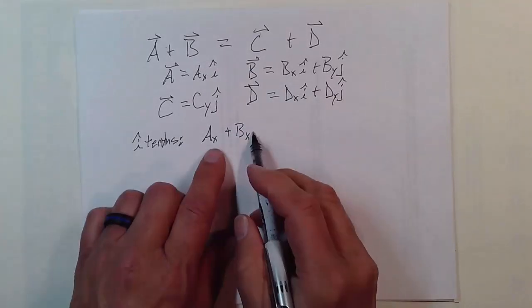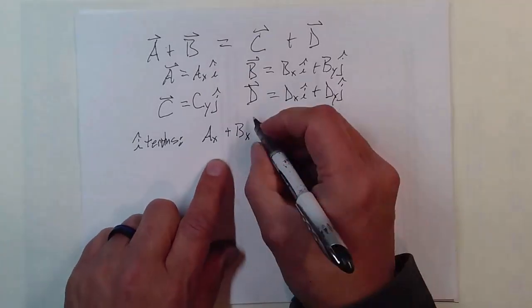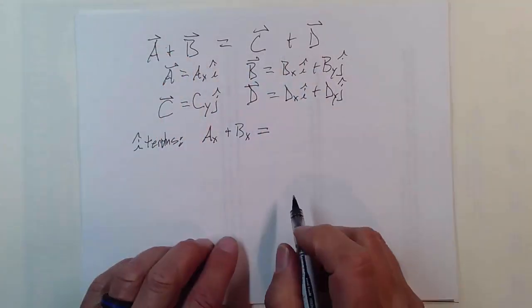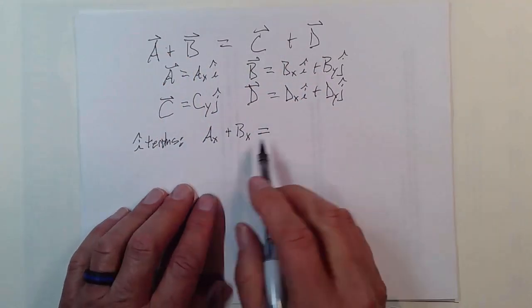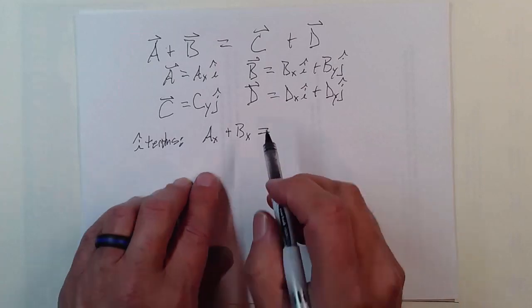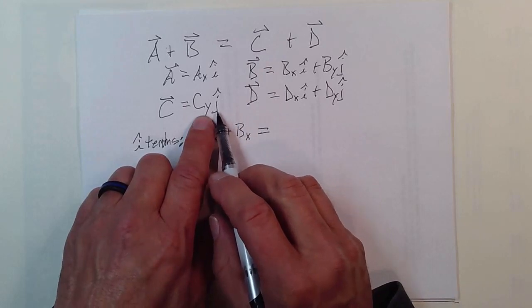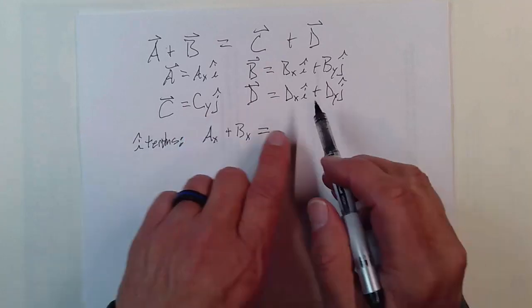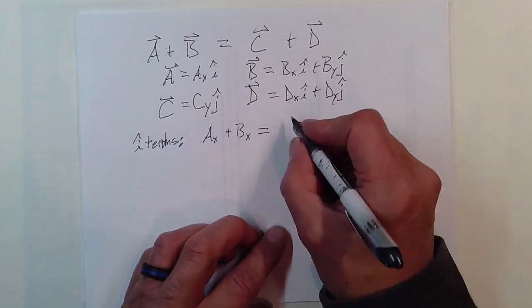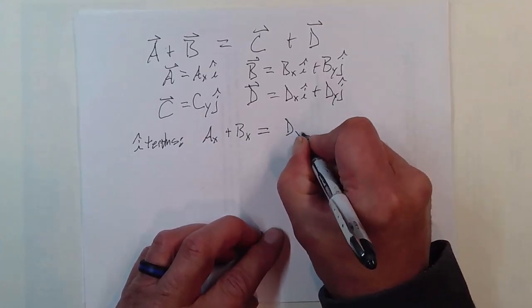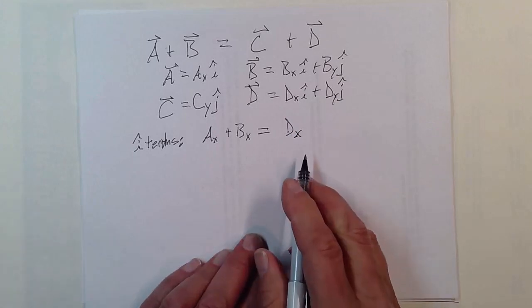Okay, that's the i hat terms from the left side. Those have to equal, because this expression is equal, the i hat terms from the right side. Well, on the right side, I've got C, but it has no i hat term, no x term. D does. So A sub x plus B sub x have to equal D sub x.